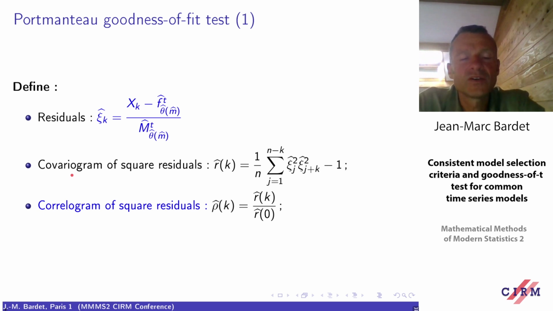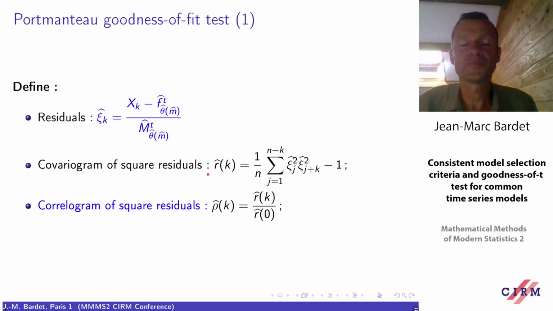For this, we will not directly work on the residuals, but on the square of the residuals. Because if the selected model is a good model for the observed data, the square of the residuals should be close to a white noise.